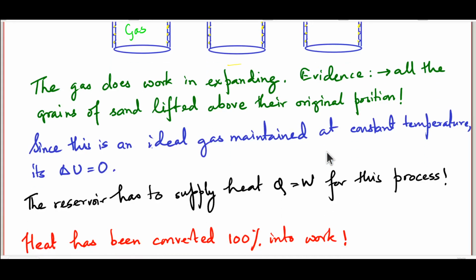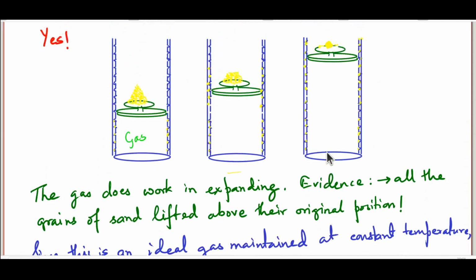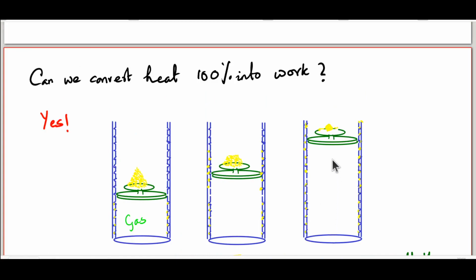So heat has really been converted completely into work in this process. This does not run counter to the statement that we made that complete conversion of work into heat without any other effect is irreversible, simply because this has not occurred without any other effect. At the end of the day, this gas has expanded.